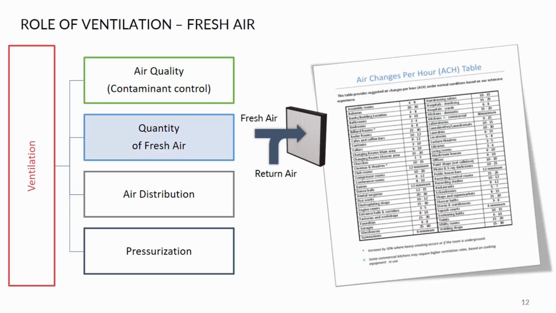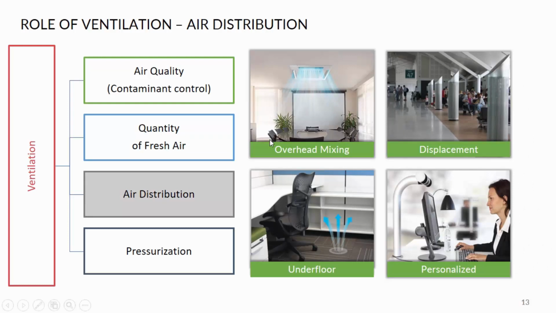There are some standards for air change rate, like ASHRAE 62.1, ventilation for acceptable indoor air quality, that provide guidelines on air change rate per hour required for different applications like hospitals, kitchens, labs, colleges, banks, etc. As you can see in the table, this quantity of air is distributed in the space using various techniques.